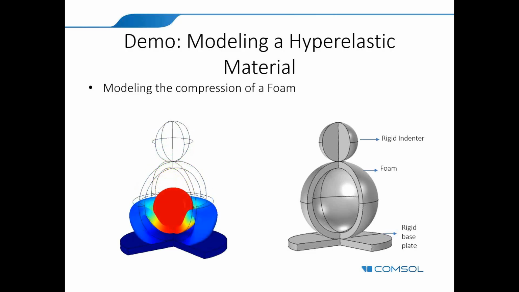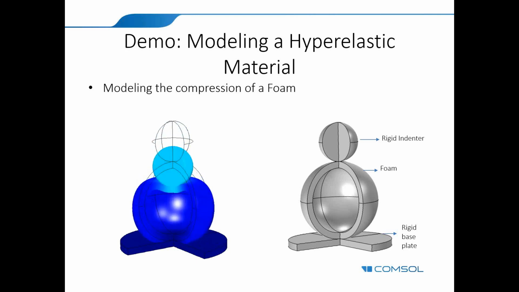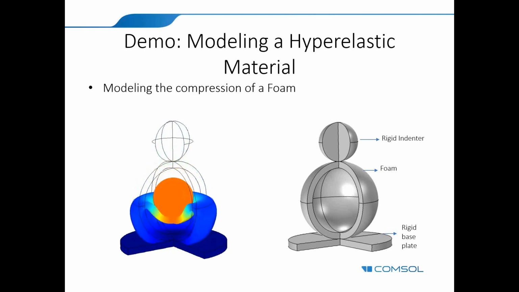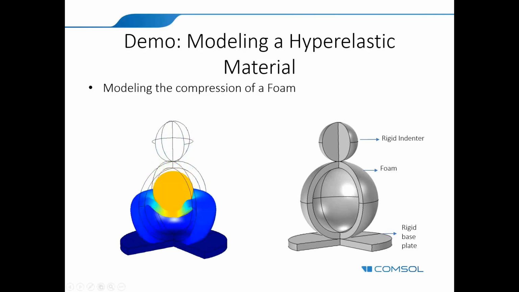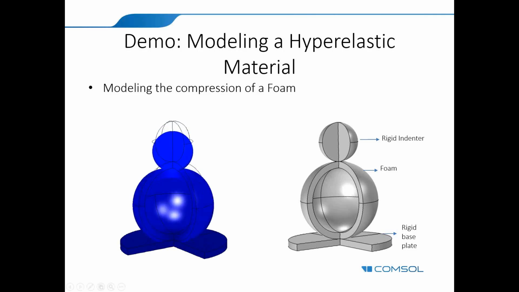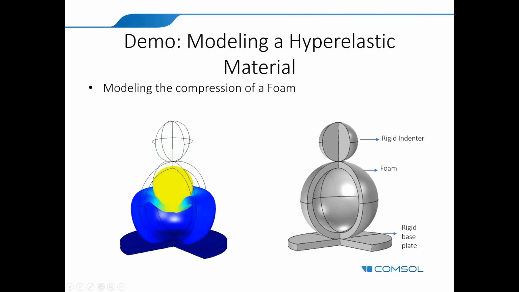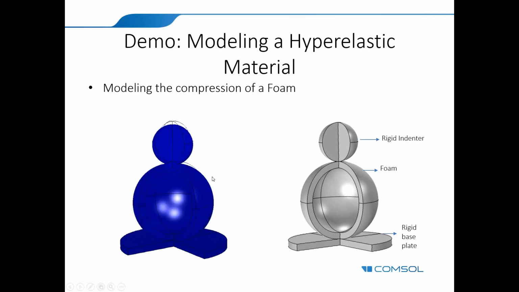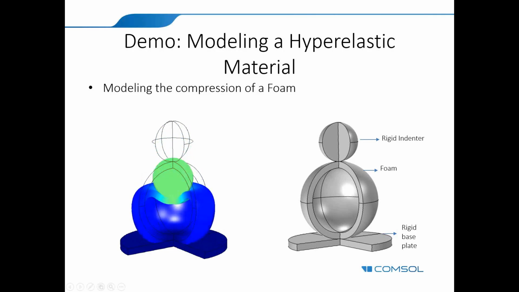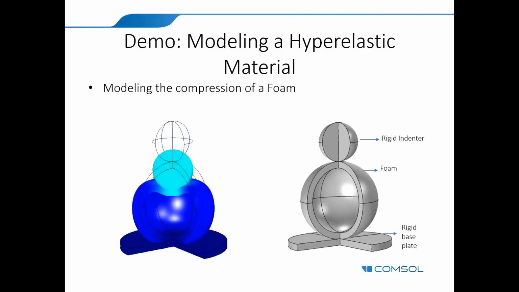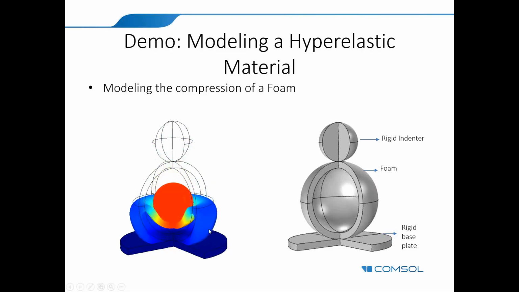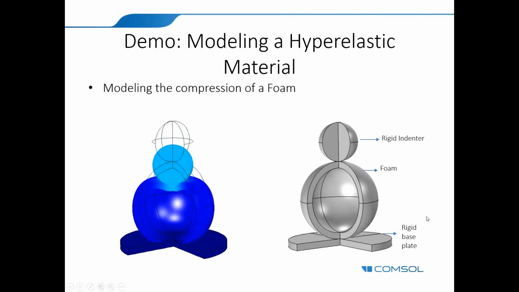The foam is placed on a rigid base plate, and the model itself involves contact modeling between the foam and the rigid objects. Finally, as you can see from the animation, due to the extreme compression, the inner surfaces of the foam also come into self-contact, which is something we'll also need to model. So in all, we need to address contact, and we also need to address the extreme compression of this foam.